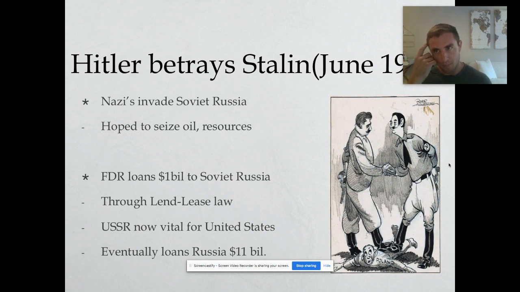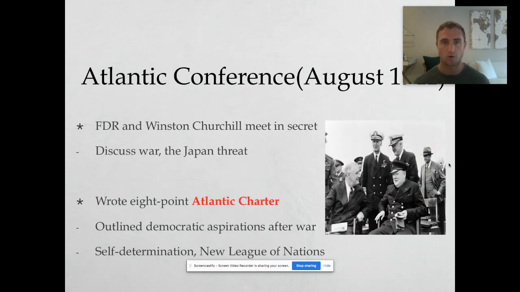This perfectly epitomizes how desperate and drastic things are in World War II, where we are helping the communist Soviet Union in this one. But I think Winston Churchill says it best, that if Hitler invaded hell, he'd be willing to work with the devil himself. And that is exactly what FDR is doing here, loaning money to Soviet Russia. And now the Soviet Union becomes an ally of convenience in World War II against the Nazis.